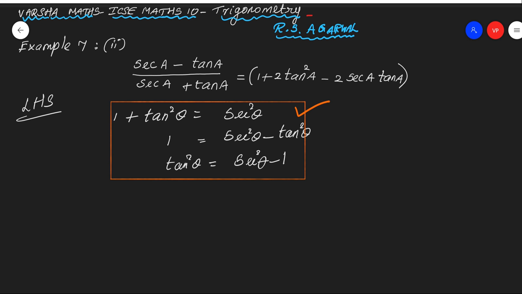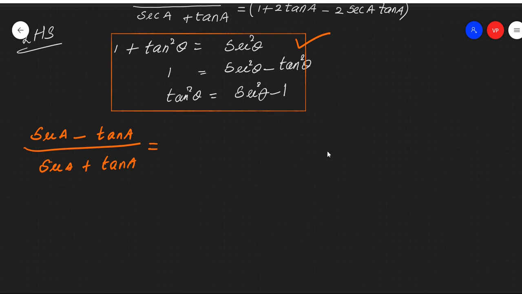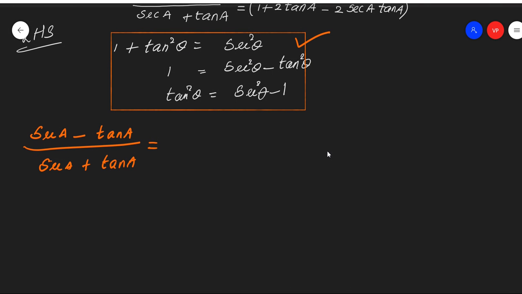Now take your LHS, secant A minus tan A divided by secant A plus tan A. After seeing the problem, what is your next step? We have a plus sign and a minus sign, so what do we do now? We can take the conjugate.